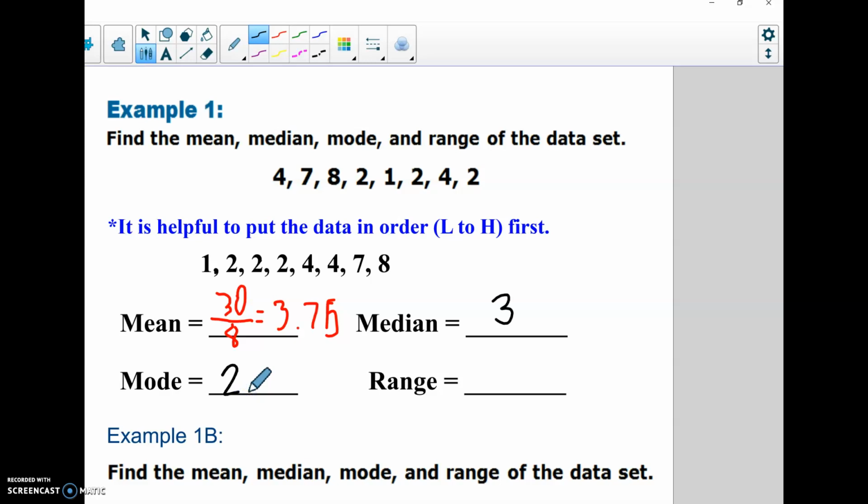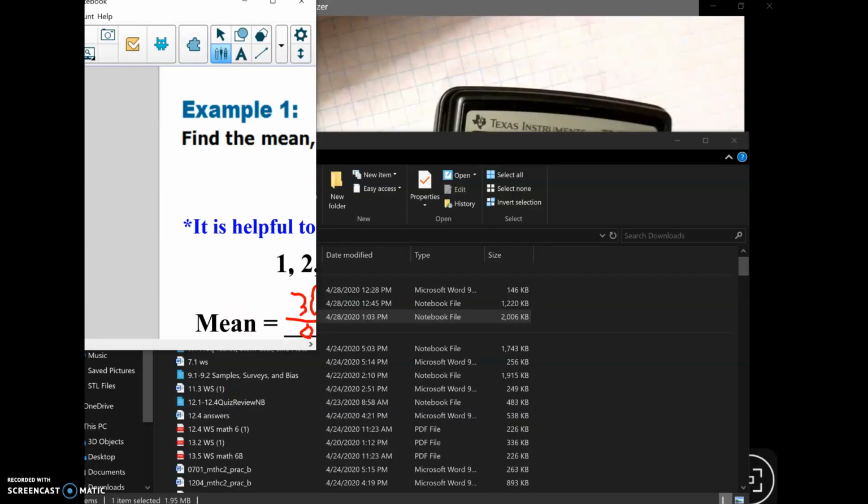If there's more than one, then you would list all those numbers. The range is the biggest number minus the smallest. So it would be 8 minus 1, which is 7. Okay, so that one is 7.